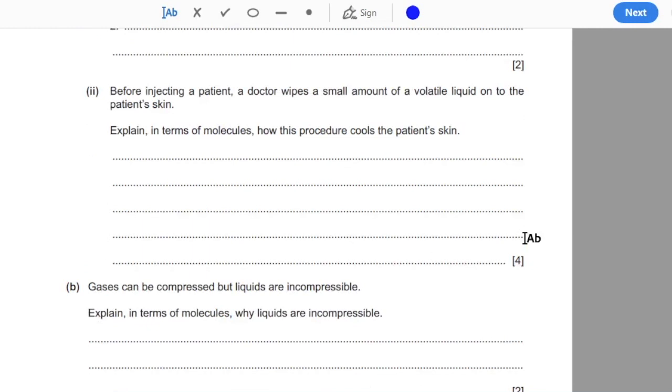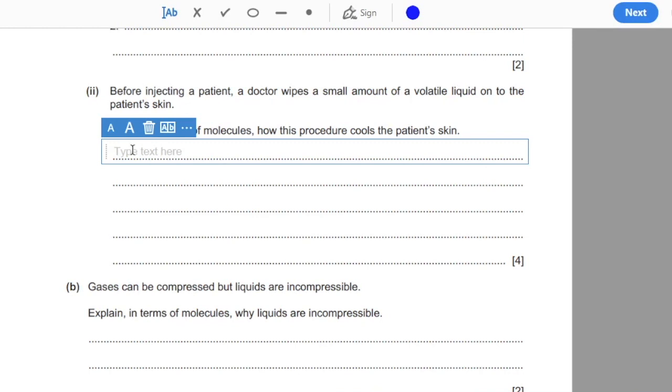Part 2, before injecting a patient, a doctor wipes a small amount of volatile liquid onto a patient's skin. Explain in terms of molecules how this procedure cools the patient's skin. So that's evaporation.